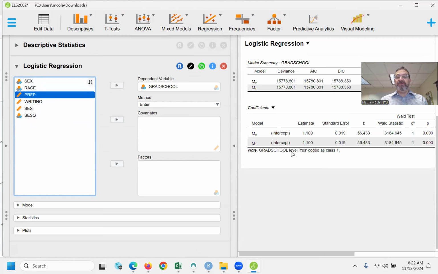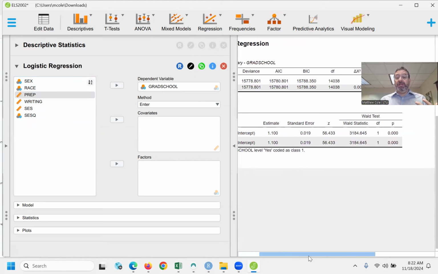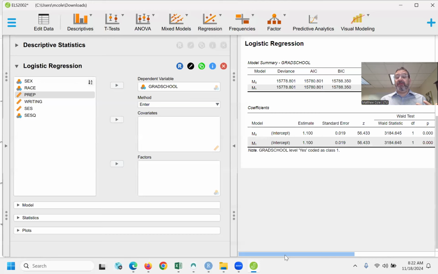You can see already, before we do any predictors, the data alone are saying that there is a significant prediction of being in grad school just among all the data. We'll clarify that in just a moment. What we're seeing is the results for yes, so we're predicting yes.